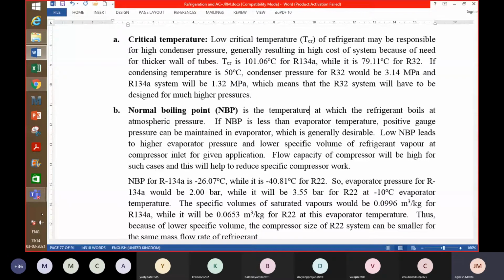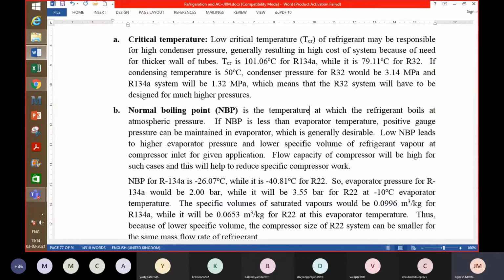Low NBP leads to higher evaporator pressure and lower specific volume of refrigerant vapor at compressor inlet for a given application. If the evaporator pressure is high, then the specific volume of the refrigerant coming out as vapor from the evaporator will be low, right?